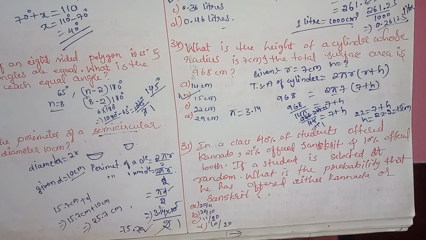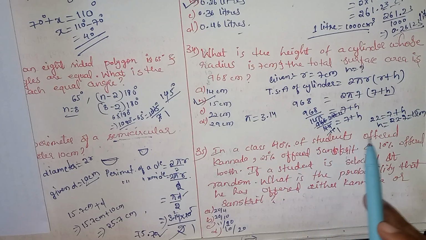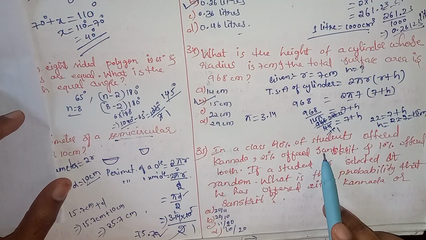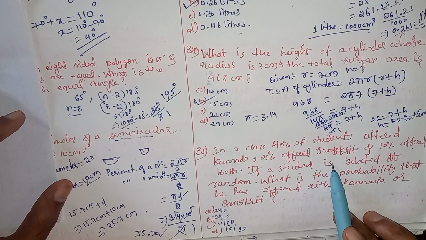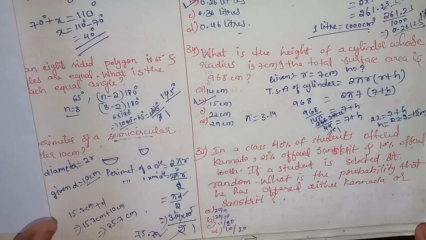Next question, let's see question 35. In a class, 40% of students offered Kannada, 25% offered Sanskrit, and 10% offered both. If a student is selected at random, what is the probability that he has offered either Kannada or Sanskrit?